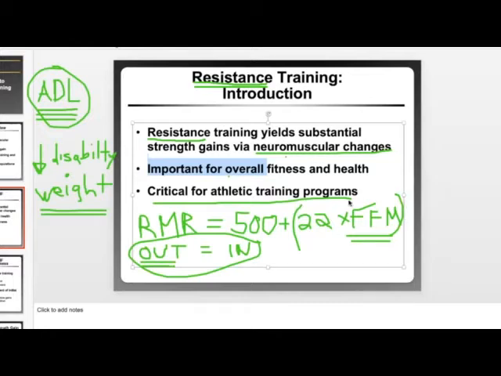And by increasing the amount of muscle mass, you're increasing your resting metabolic rate, and therefore you're positively impacting the amount of energy you're spending, and that can help you more appropriately balance or modify this particular equation so that you can manage weight more effectively. So this is more than just getting stronger and being able to lift more weight. I think that resistance training, to me, is the new weight management training.